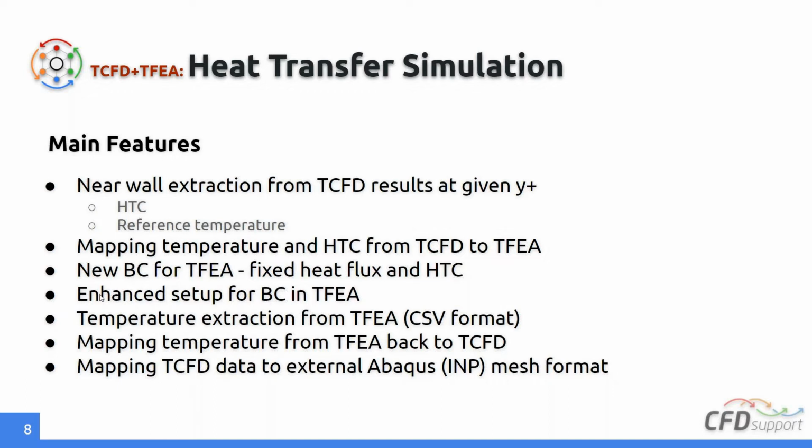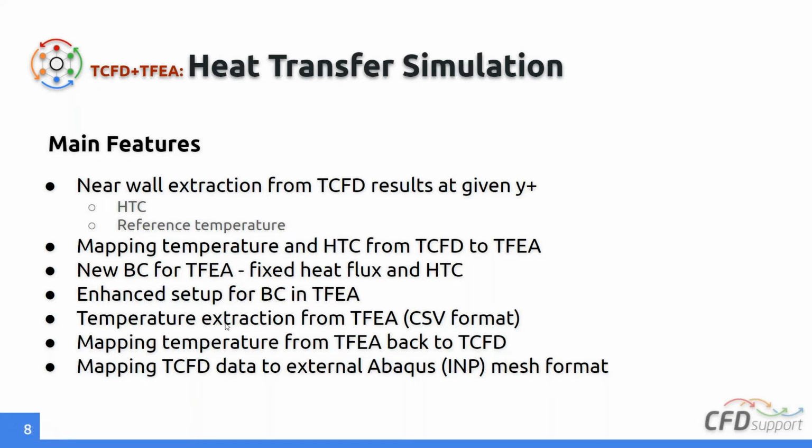We basically enhanced, or we made new setups for the boundary conditions in the TFEA module, so you can really combine several types of boundary conditions, including FSI from CFD, and the rest. For the rest, you can set a fixed heat flux, fixed temperature, and other temperature conditions.